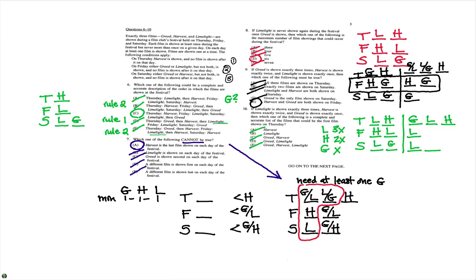We also must have Greed or Harvest come on Saturday. Well, Greed shows up exactly once. We've already placed it, so it must be Harvest. And this is our other scenario, which proves to us that it's possible to have Greed come first on Thursday. So B is eliminated. So D would be the correct answer.